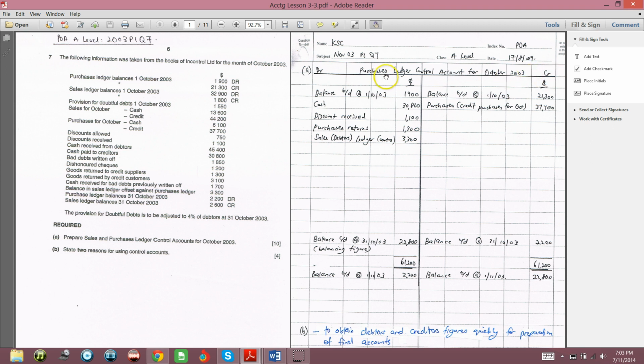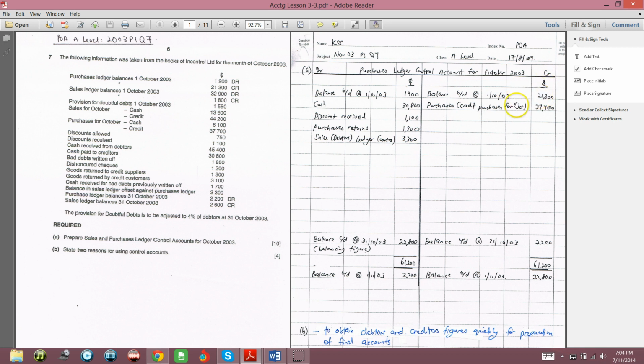Now, purchasers ledger control account means the same as creditor control account, so you should think of it as a creditor control account. Creditor is a credit balance in the balance sheet. If it is a credit balance in the balance sheet, the balance brought down should always be on the correct side.